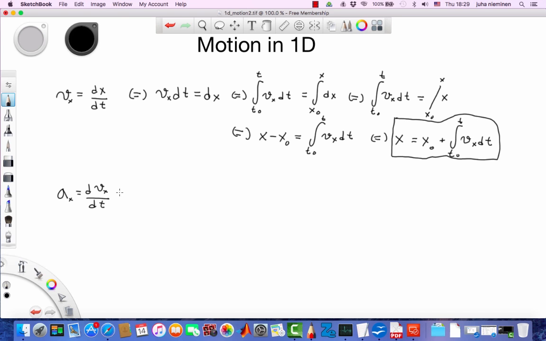Alright, same thing here. What do we get from the acceleration? So again, we separate the variables to their respective sides. And on the left hand side we integrate with respect to time from t0 to some arbitrary t. We integrate the acceleration this time. And on the right hand side we are just integrating the velocity, from some initial velocity to some arbitrary velocity at time t.